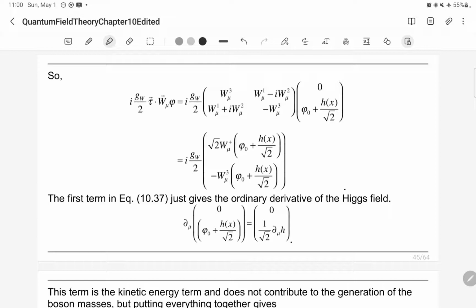So we have this term, this one here. So it will now be expanded to this one by multiplying the Higgs field phi.